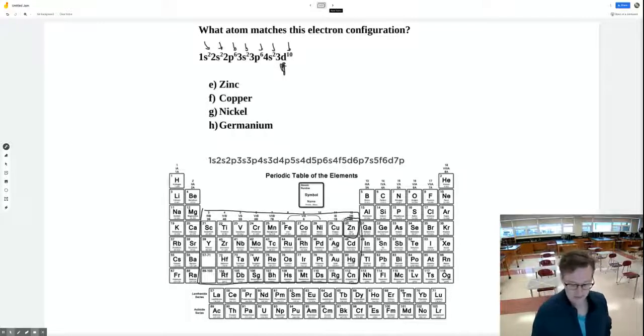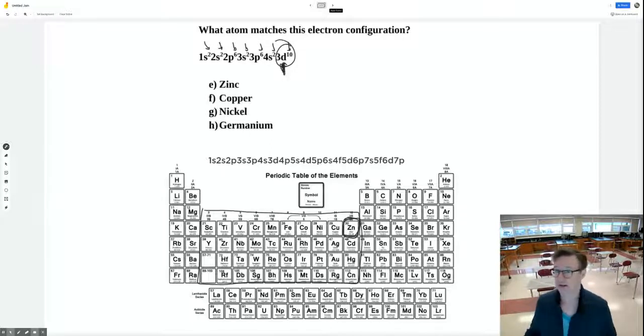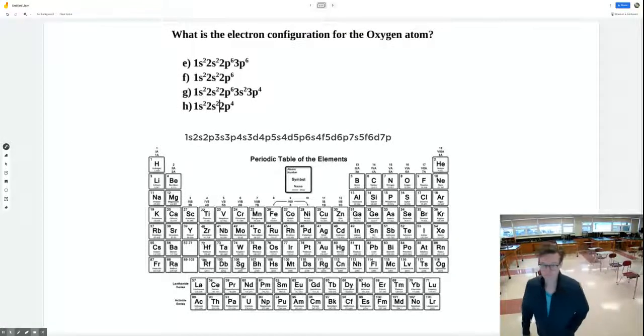And this happens to be the 10th element in the d block, which is why it has a 3d10. Okay, so when we talk about the periodic table, I'll show you how to really even just look at this and know which element it is without having to add up all the other electrons. But so the answer here was zinc.